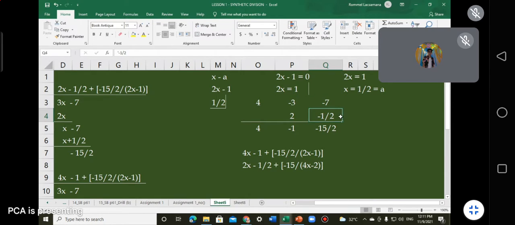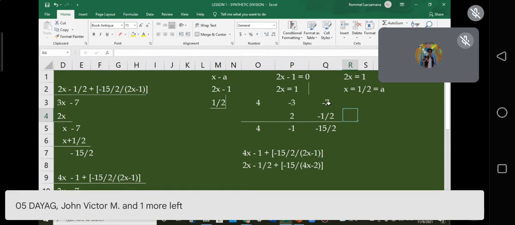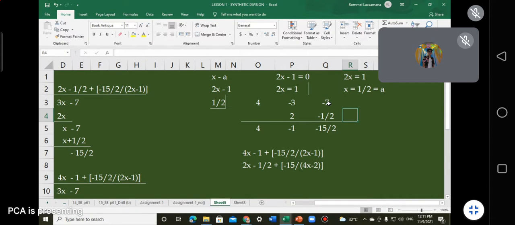Ang gagawin niyo po, 2 times 7, it's -14. By the way, you are expressing your -7 in terms of a denominator that is 2. Yung -7 niyo diyan pwedeng magiging -14 over 2.